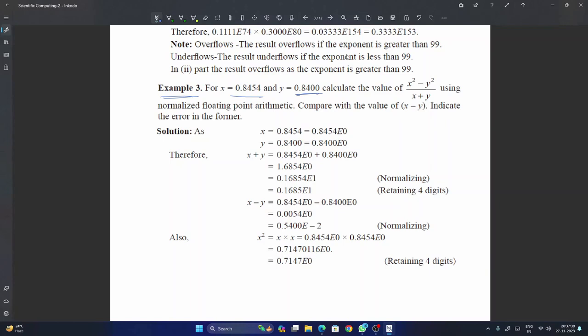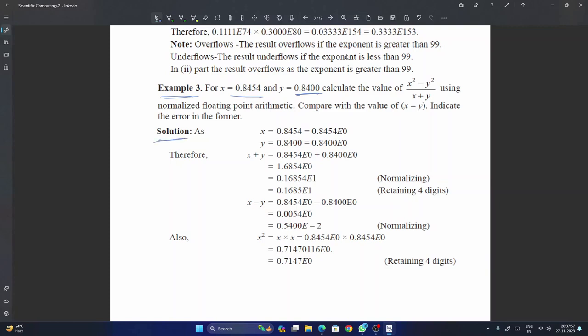If there is any error, maybe absolute error, relative error, or percentage error, that means the difference between these two values. So you may get different values, or you may not. Basically in this type of small format system, with 4-digit mantissa, errors occur, but in a particular type of problem the error may not occur.